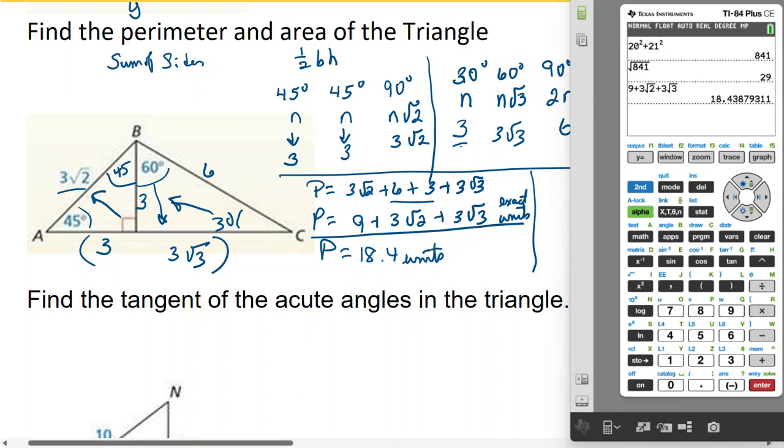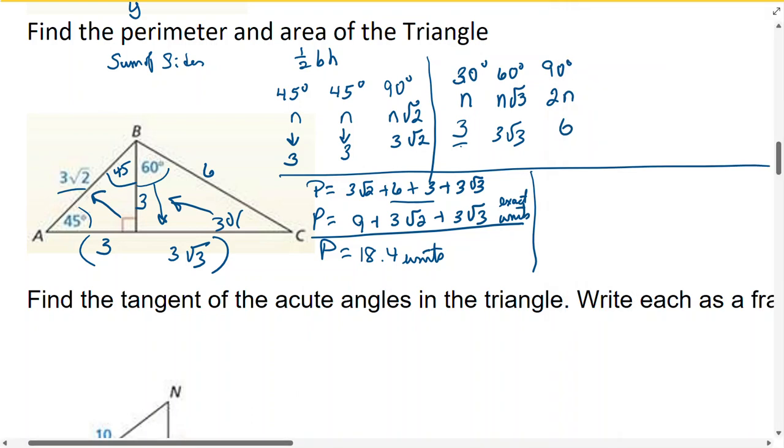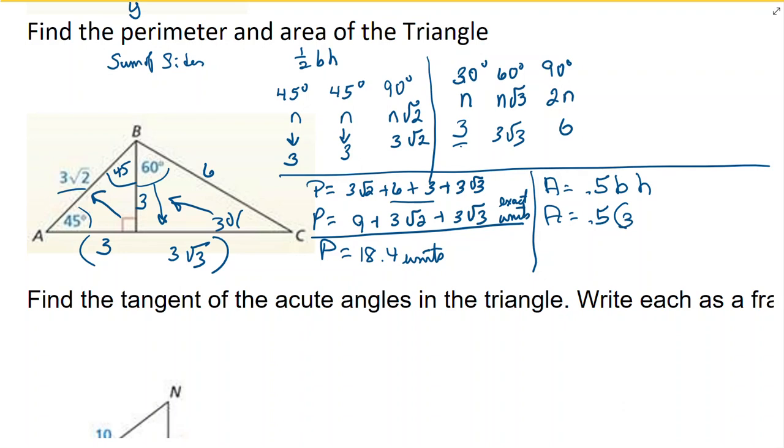Right. Now we're going to do area. Well, area is half base times height. So I've got half, and our base is 3 plus 3 square roots of 3, and our height is 3.